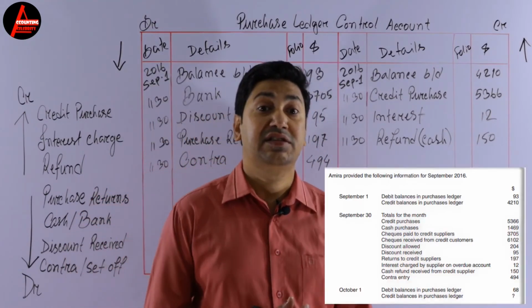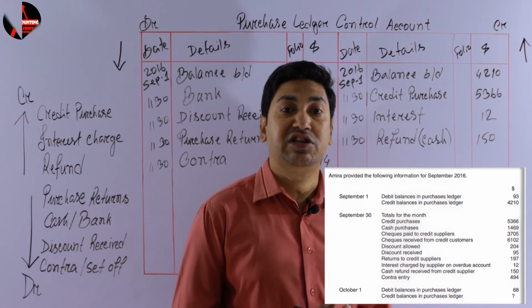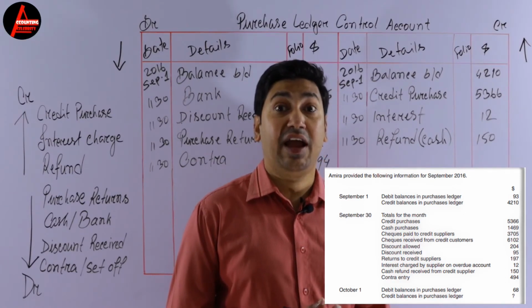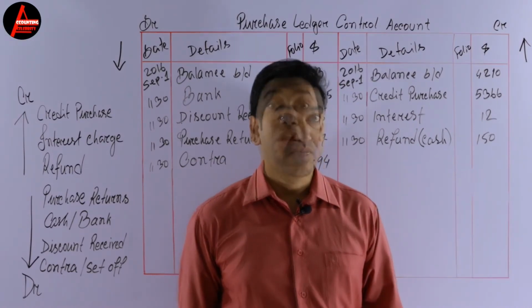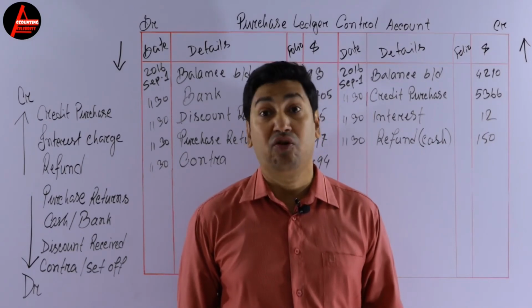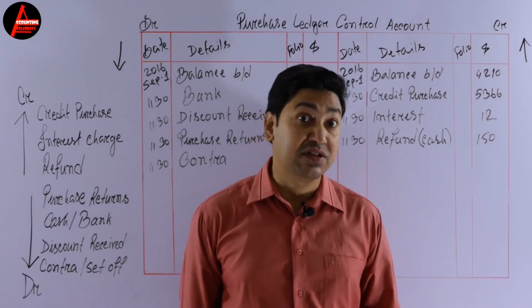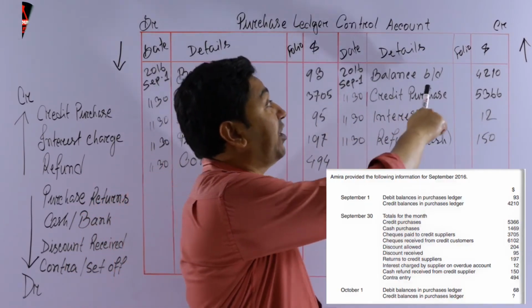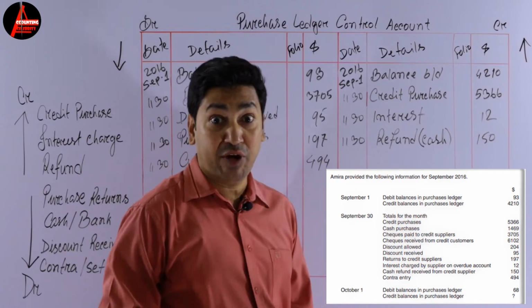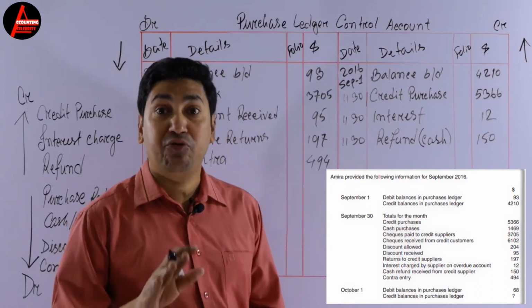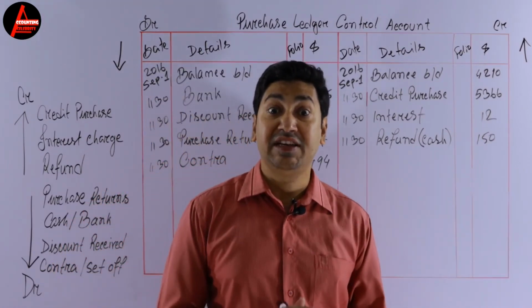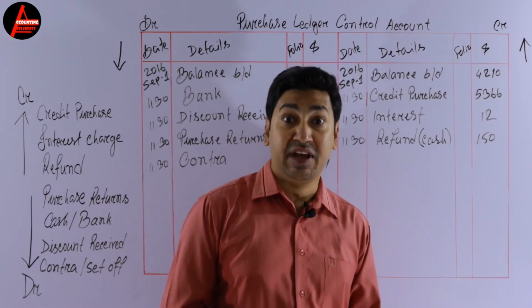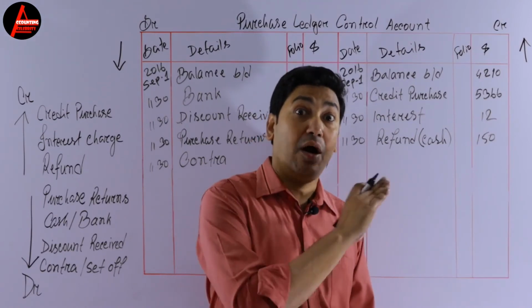Now the balances, debit balances in purchase ledger now are $68. Okay, so debit balance, this is not opening balance. Okay, this is the closing balance. So opening debit balance we recorded in the debit side and credit balance we recorded in the credit side, the way it's written in the question. But when it is closing balance, in this case you cannot write debit balance in the debit side, you have to write opposite side.